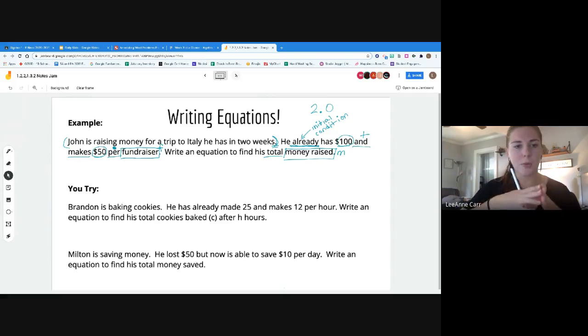Now we're on to the part where we're writing a math sentence. So I'm literally just going to read through how my problem is now marked up. It says that we have our initial condition of $100. So I'm going to start with 100.